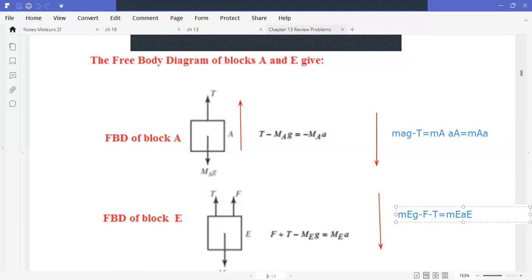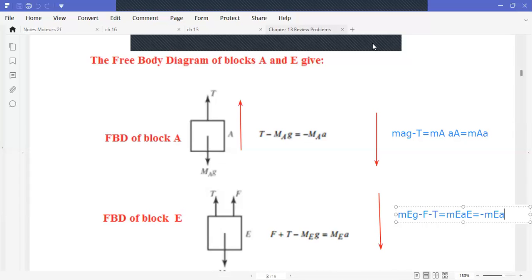Yes, right, a_E is minus a, so it will be equal to minus m_E times a. And now, if I take the upward direction as positive, what will be my equation? It will be the opposite: plus F plus T minus m_E g equals m_E a. Clear?